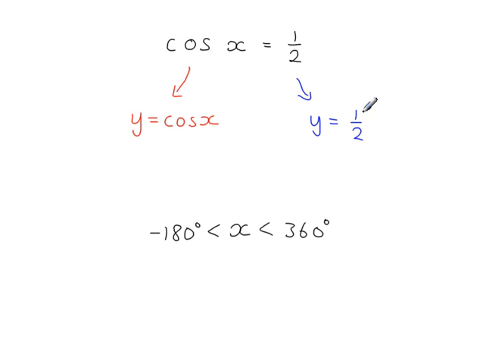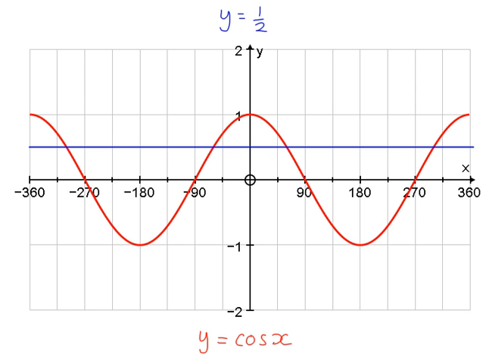Y is equal to 1/2 is just the horizontal line going through the y coordinate 1/2. So we have these two graphs, the cosine of x and this one here, y equals 1/2. The y coordinate there is 1/2.